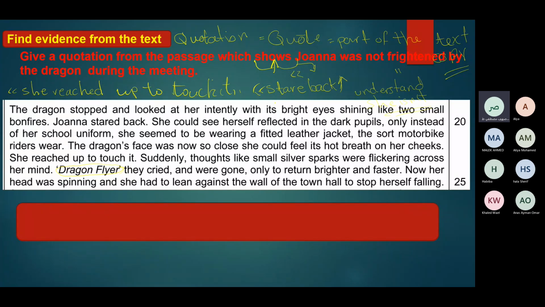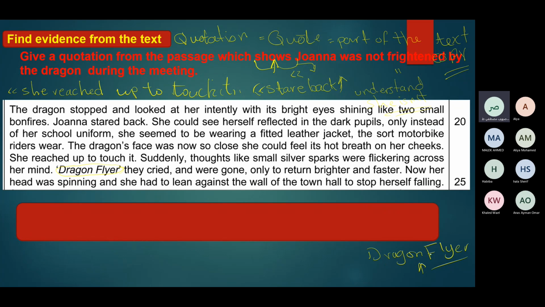There is nothing different except to understand the quotation. The part Anas mentioned was dragon flyer. I told you the quotation you pick from the text should show the answer to the question. Anybody who reads this quotation understands that this is an answer. If we read dragon flyer, how can I understand that Joanna is not afraid?